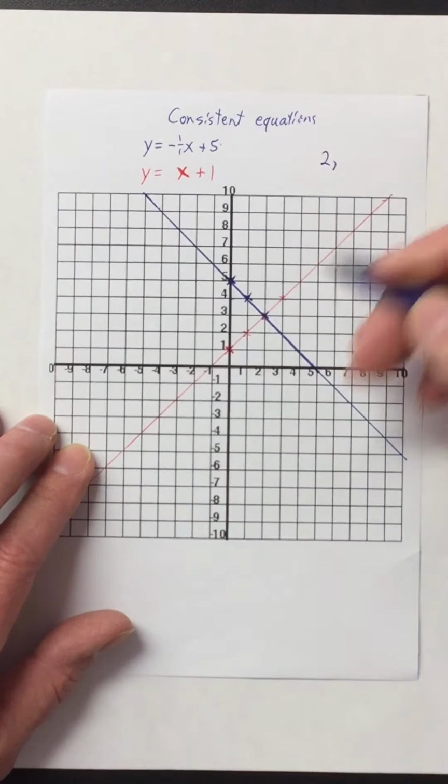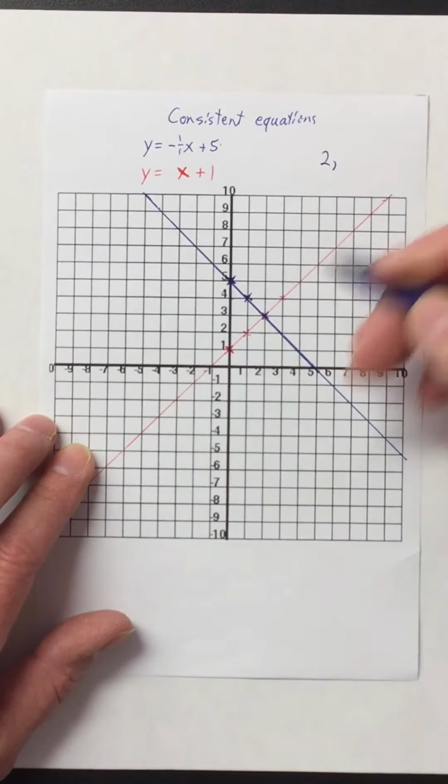That gives me 2x equals 4. Then divide both sides by 2, and I get x equals 2, which is the same as we saw for graphing. Take that 2, plug it back into my equation here, and I see that y now is equal to 3.